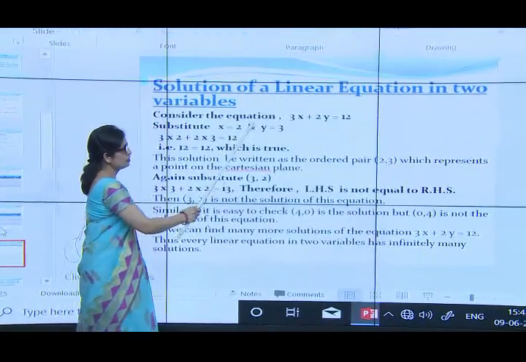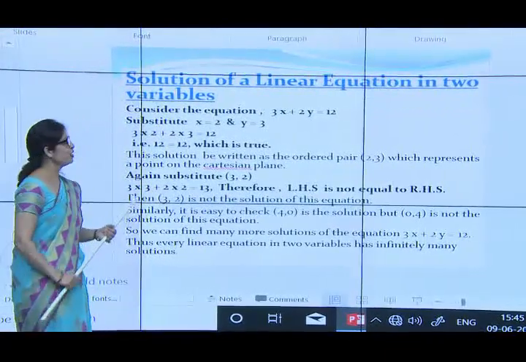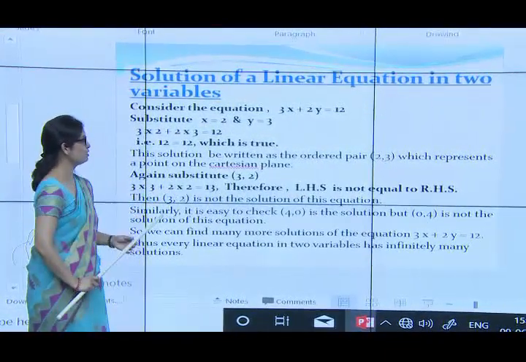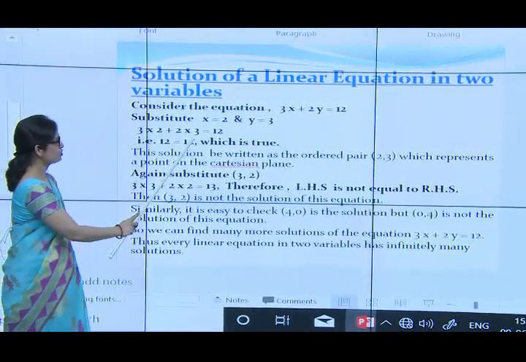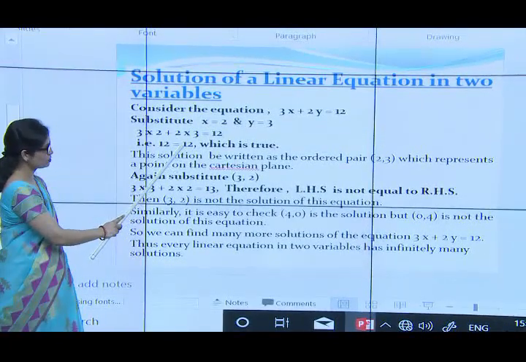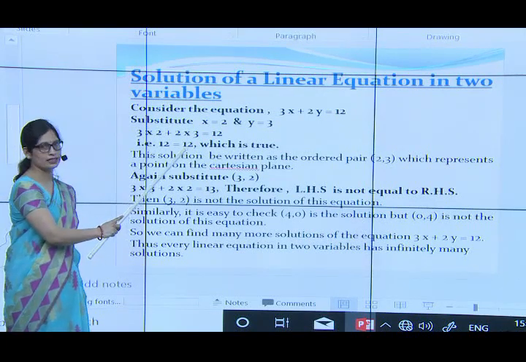If we consider the equation 3x plus 2y is equal to 12, and if we substitute x equal to 2 and y equal to 3 here, then after solving, the left hand side of this equation will be 12. The right hand side of this equation is already 12. It means the left hand side is equal to the right hand side.